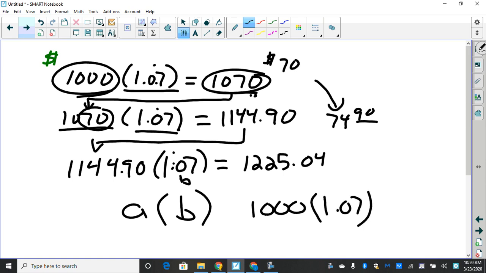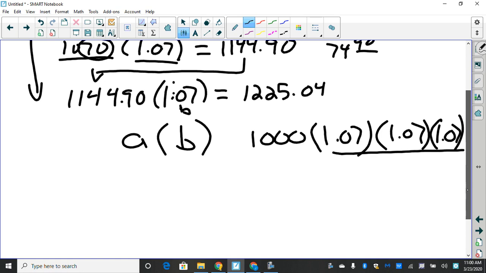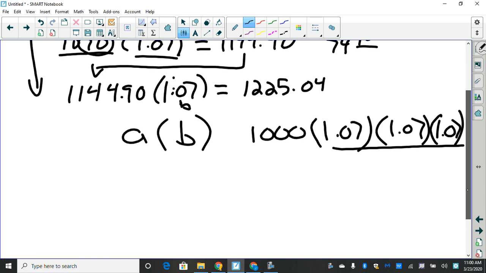Well, literally what I did was the problem that you see here. Well, look at this, you guys. Couldn't I just write that as 1.07 to the third power? Of course. So I could have done my initial investment of 1,000 and then times 1.07, my growth factor.